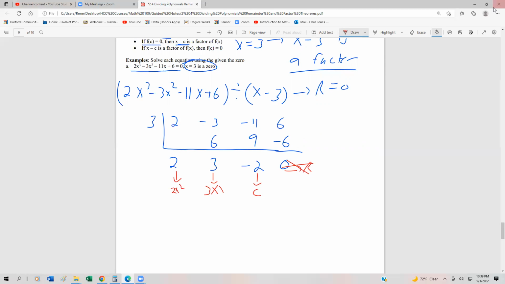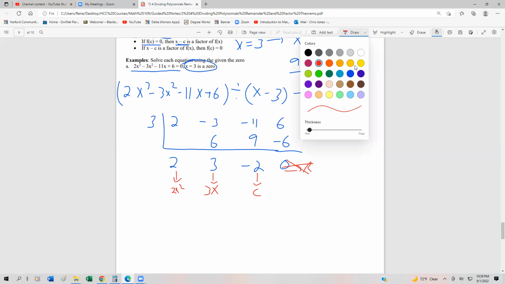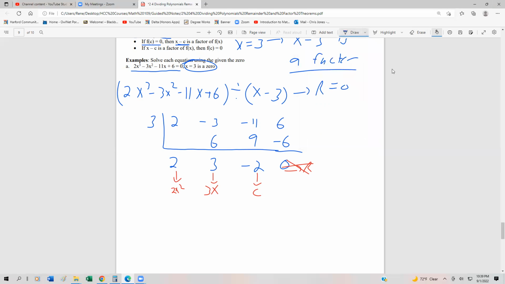And so when we write this, we can go back and remember that x minus 3 was a factor. But now we also have 2x squared plus 3x minus 2 equals 0. So what we did was we just divided that out. And that's the factor theorem.